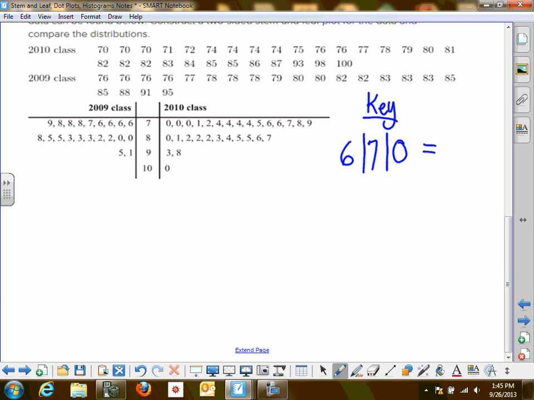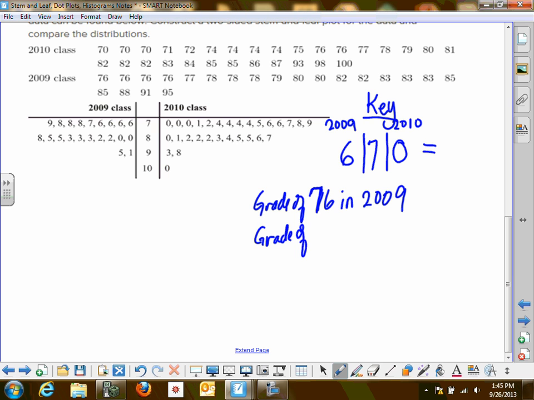This is the number 76. It was a grade of 76 in 2009. You could also write those things here if you wanted to. Okay, what does the right side of the stem mean? Grade of a 70. You see how I'm writing context? In 2010.